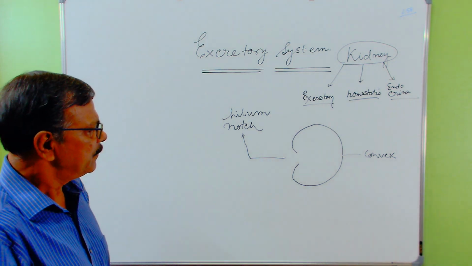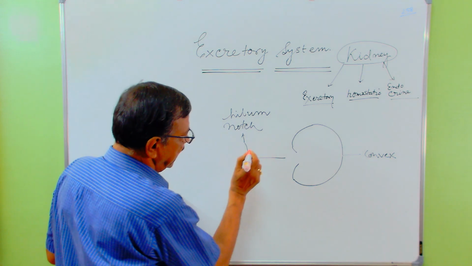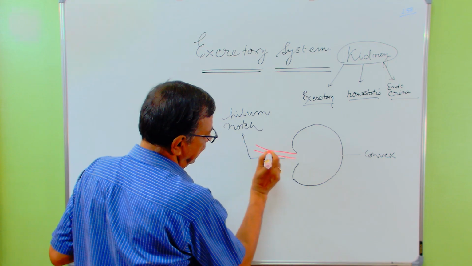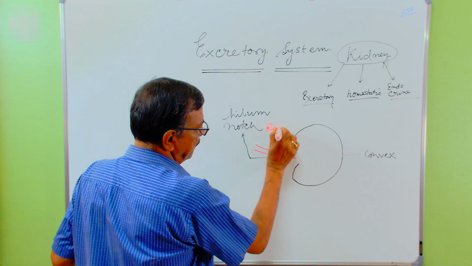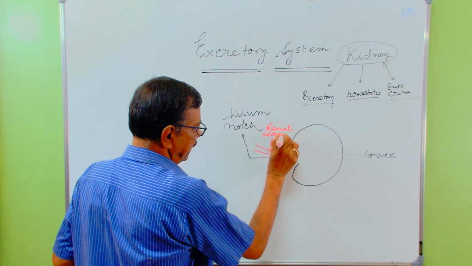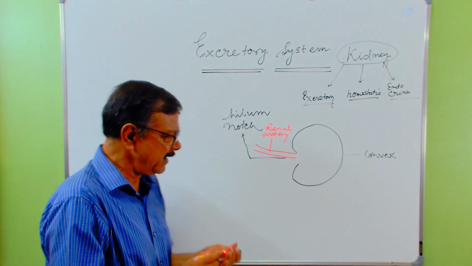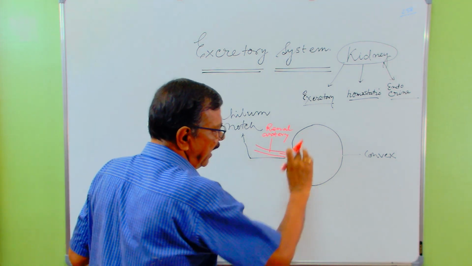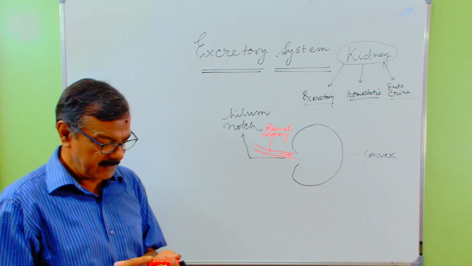And now it is supplied by an artery. So this is known as the renal artery; it supplies the blood and it goes into the kidney, which filters there.